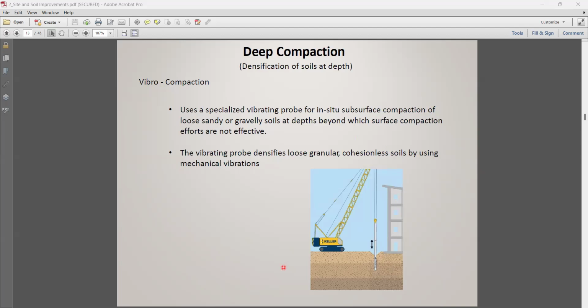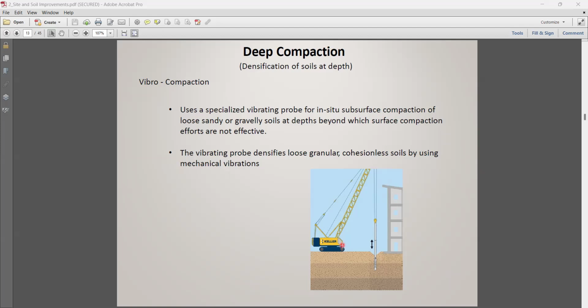What is vibrocompaction? You drill a hole, insert this probe, and then we do vibration. You have seen when they're making concrete, the poker machine. That is also a vibration kind of compaction. With the poker machine, when you vibrate, you will see the air bubbles come up.